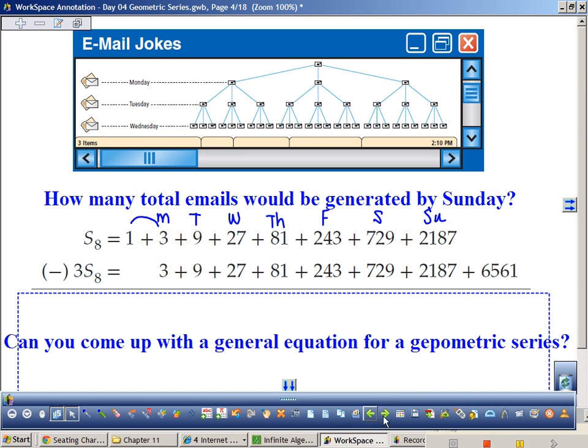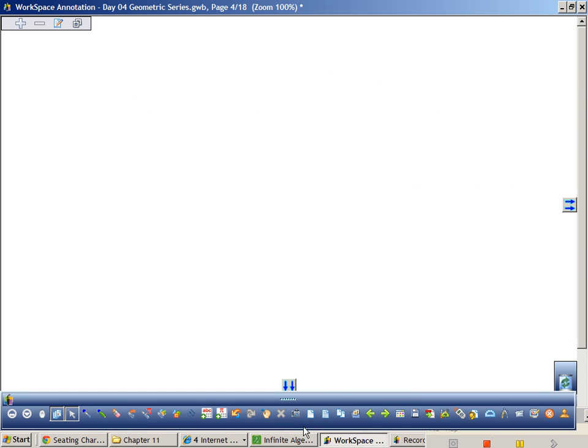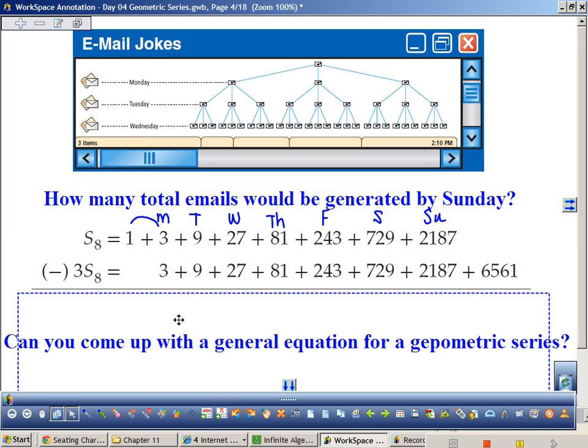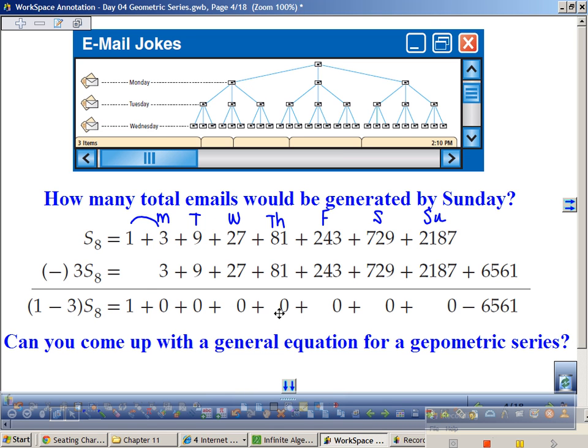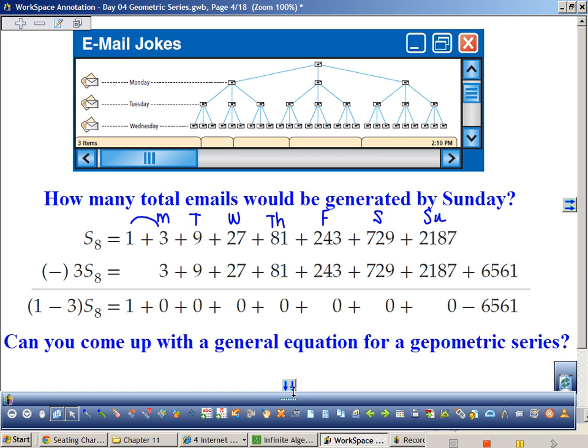Okay? So if I multiply by 3 and then subtract, look what happens. Well, it still has something to do with the first term and the last term multiplied by 3, right? And there's a negative sign.